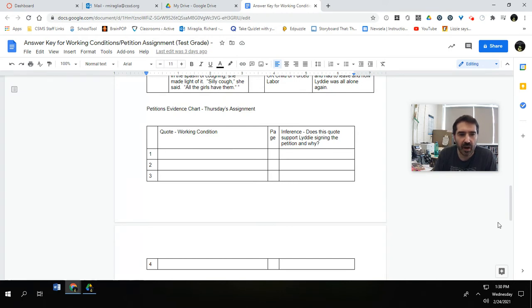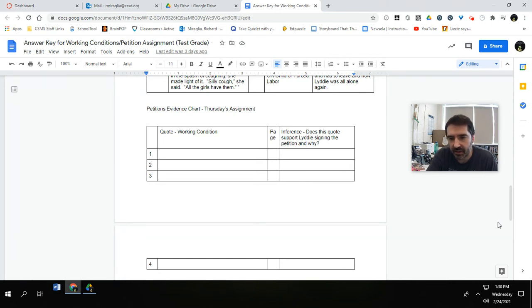If we scroll down to today's chart, it is called the petition evidence chart. If you look at this, the first column is the quote, the working condition quote. Then the second column is the page number.